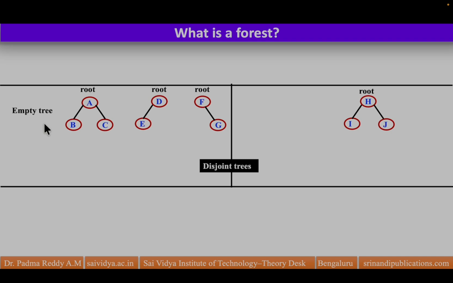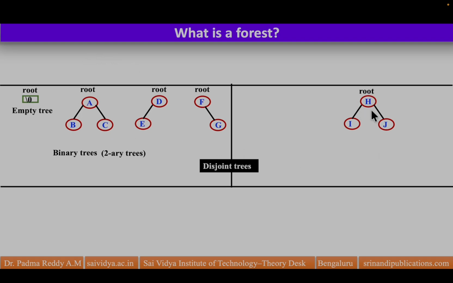An empty tree is also a binary tree and it is denoted by root equal to null. All these trees are binary trees and they are also called two-array trees, because whenever a node can have a maximum of 2 children, we call it a two-array tree, or we also call them binary trees. We know that they are all disjoint.